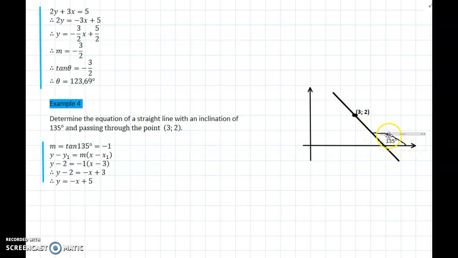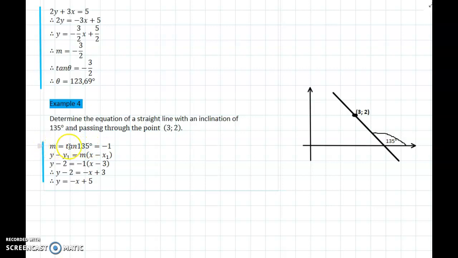So that's obviously an obtuse angle. And it passes through the point (3, 2). So remember, to determine the equation of a straight line, all I need is the gradient and a point. So here we have the gradient in this format that says the inclination is 135. So to find the gradient, I say tan of 135.